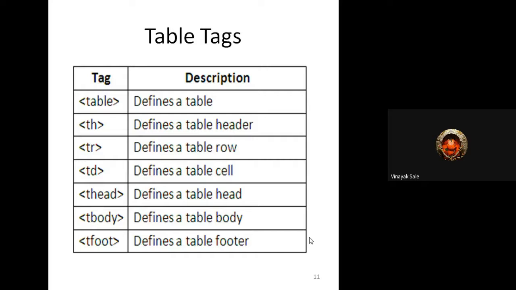So table defines table, th defines table header, tr defines table row, td defines table cell, thead defines table head, tbody defines table body, and tfoot defines table footer.